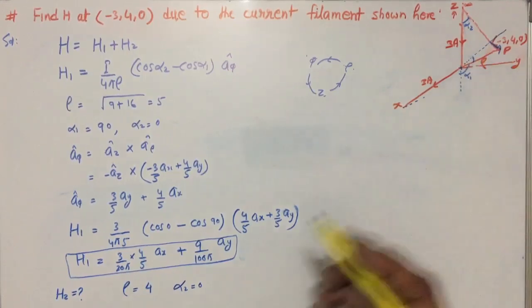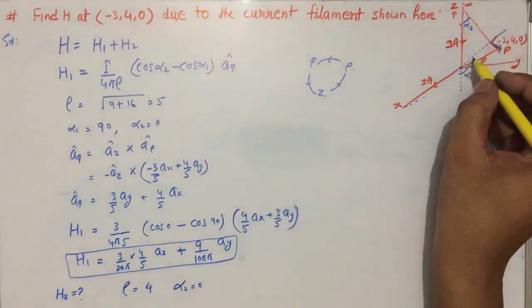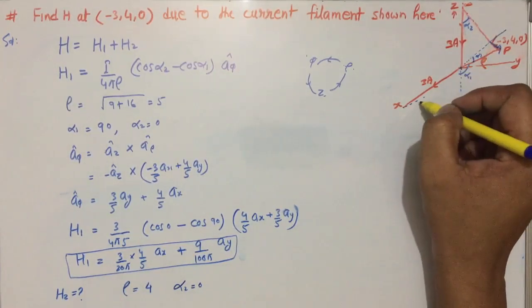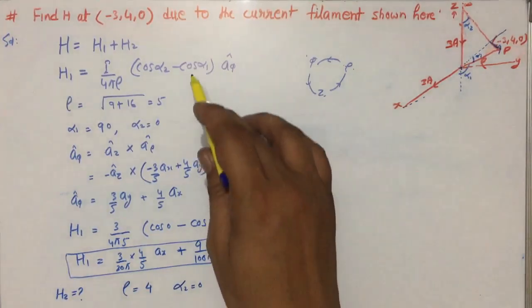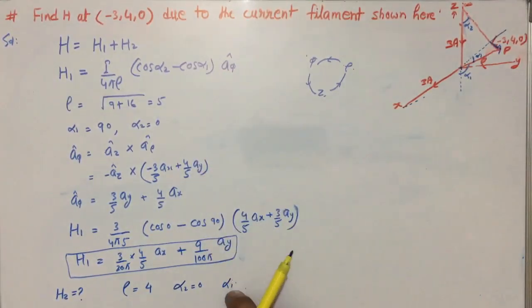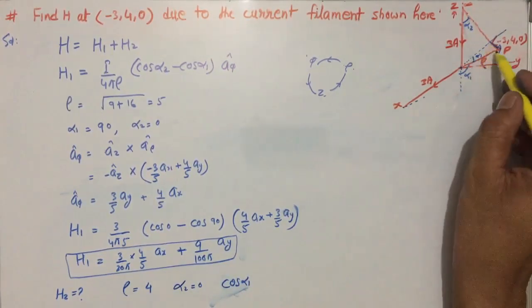So this angle will be alpha 1, and this is alpha 2. Actually we required cos alpha 1. So at the place of alpha 1, put the value of cos alpha 1. Cos alpha 1 will be base by hypotenuse.